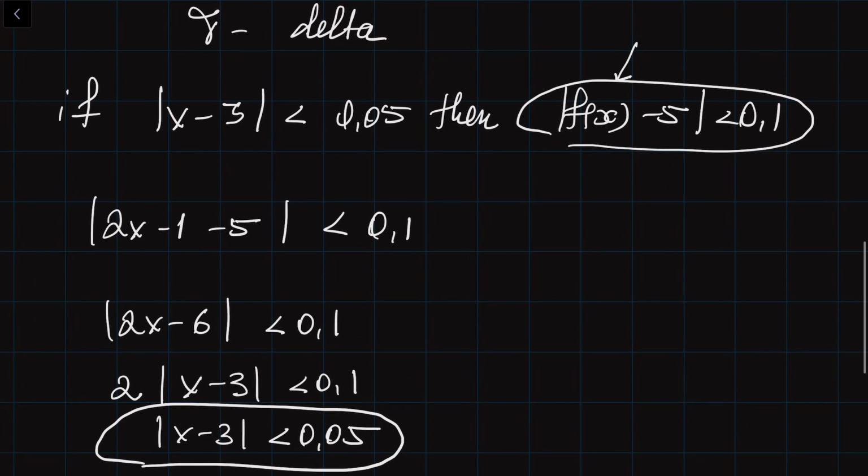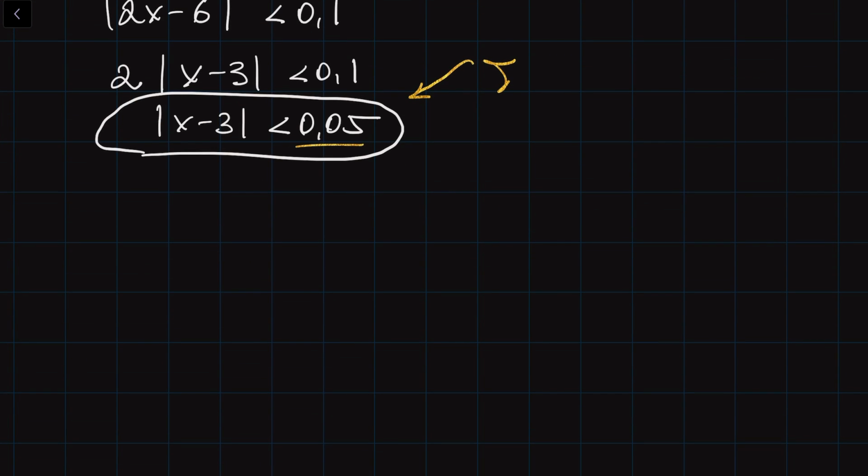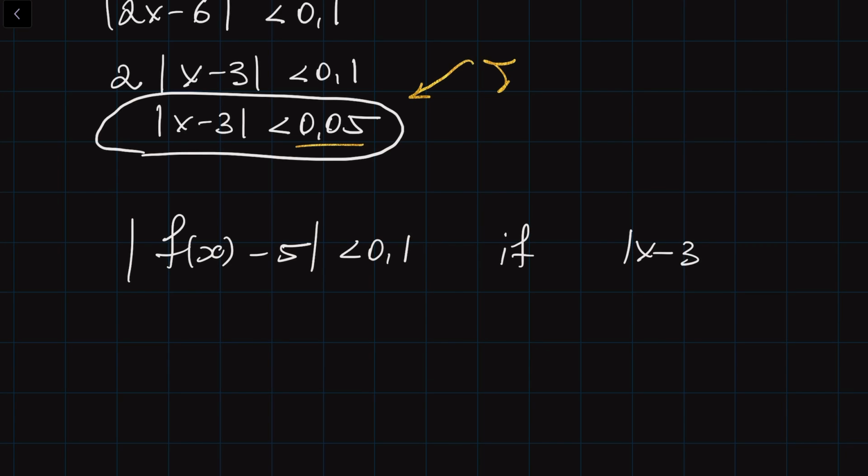So please note that these two distances are dependent. By controlling this distance, delta, I can control this distance, which I'm going to denote as epsilon. So let me write what I want to say. The absolute value of f of x minus 5 is smaller than 0.1 if the absolute value of x minus 3 is smaller than 0.05.